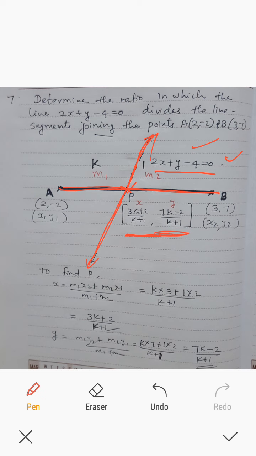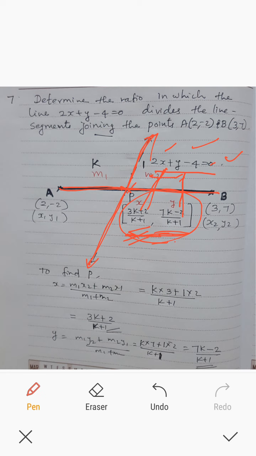Okay, and we have studied that if a point is on a line, instead of x we can substitute the x coordinate of the point, and instead of y in the equation we can substitute the y coordinate of the point. Means we are going to replace x as (3k + 2) by (k + 1), multiplied by 2, and replace y as (7k - 2) by (k + 1).